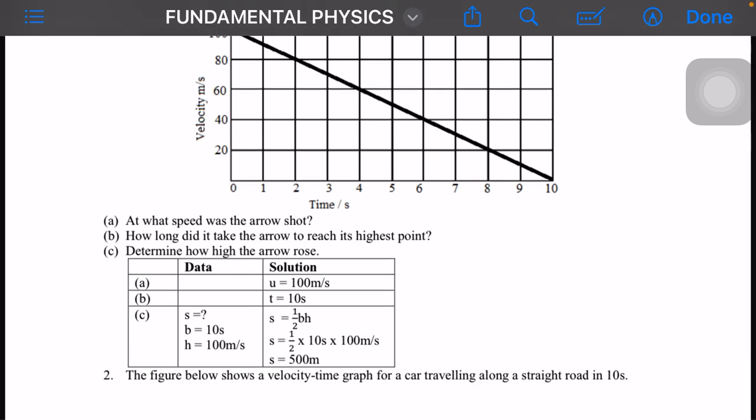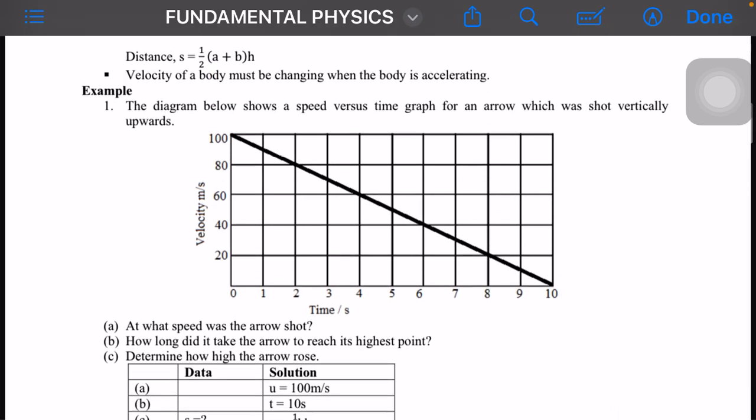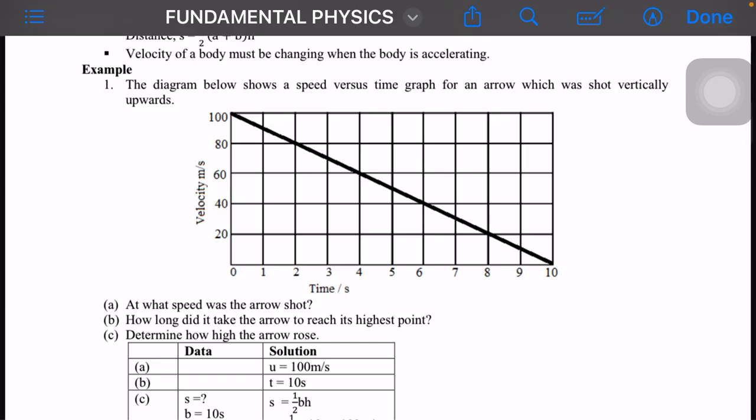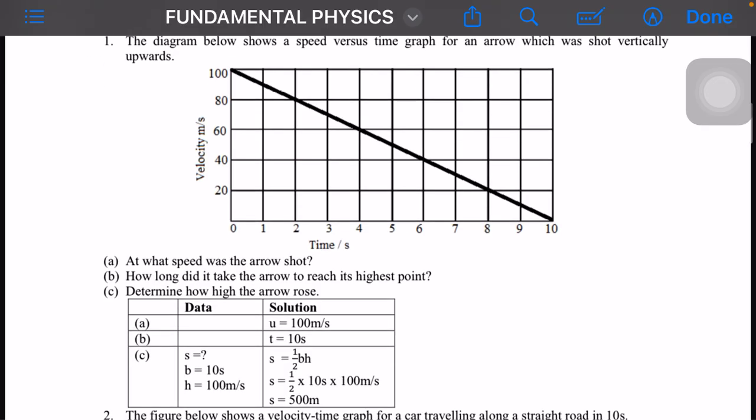The question is clear here. Okay, what's the question? At what speed was the arrow shot? Of course, it was 100 meters per second, because that's where the motion started from. Then the next question reads, how long did it take the arrow to reach its highest point?